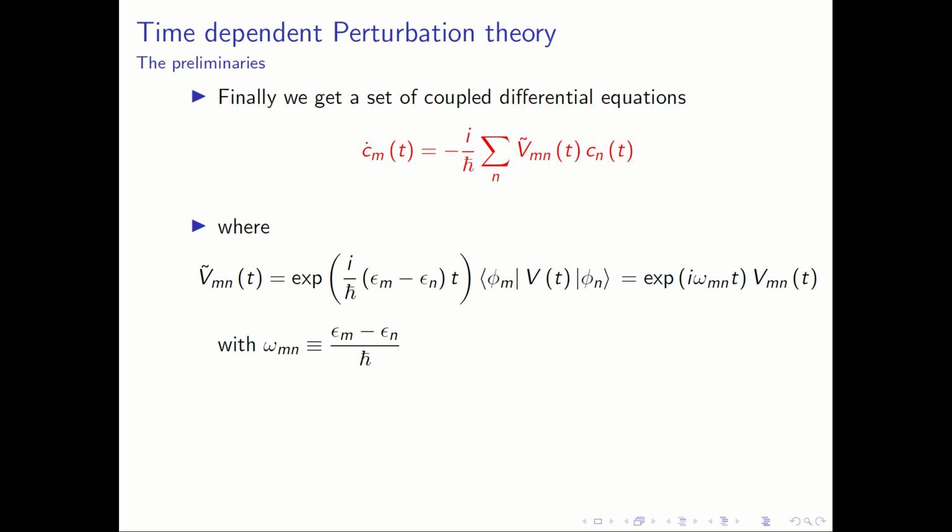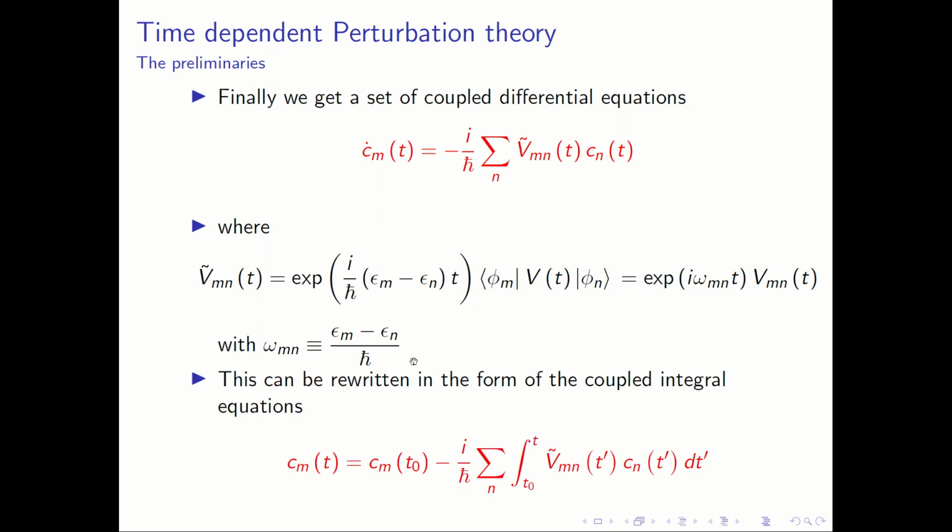So this is a set of coupled differential equations, and not a very easy set to solve in general. You can of course rewrite this into the form of an integral equation. You could just formally integrate both sides of this to get C_m(t) minus C_m(t0), which I have moved to the other side, is nothing but minus i/ħ times the integral of this thing at time t' dt' from t0 to t.